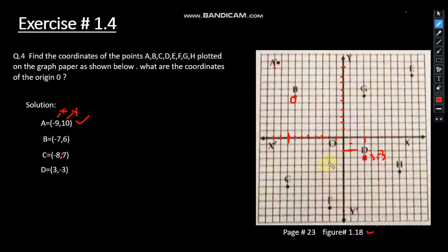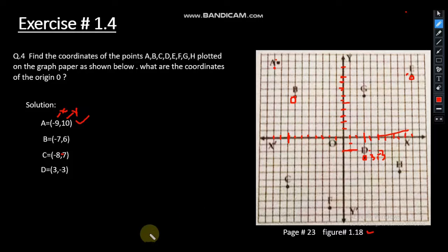Now E. Here is E. So counting 1, 2, 3, 4, 5, 6, 7, 8, 9, 10, the value is 10 here. And 1, 2, 3, 4, 5, 6, 7, 8, 9, so 9 here.